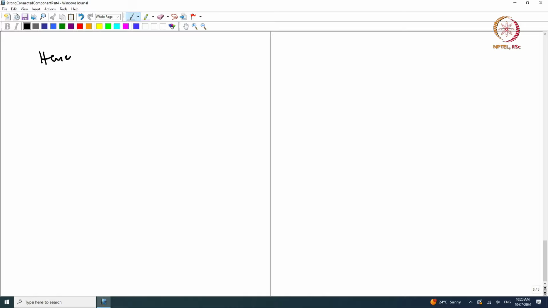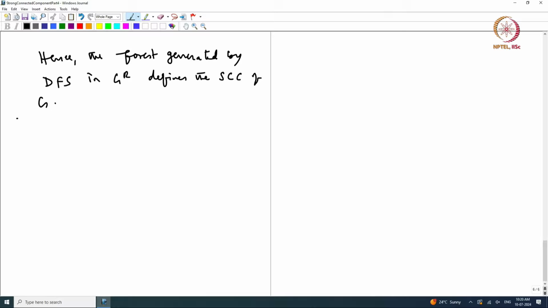Hence, the forest generated by DFS in GR defines the strongly connected components of G. So, when you perform DFS you get a forest.